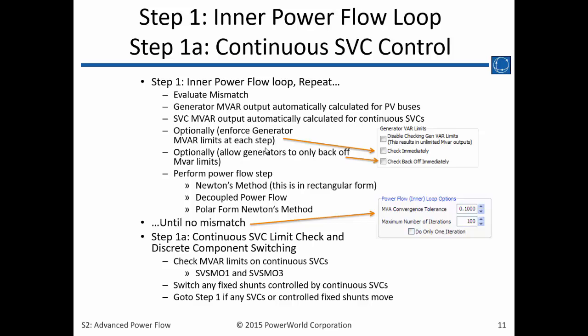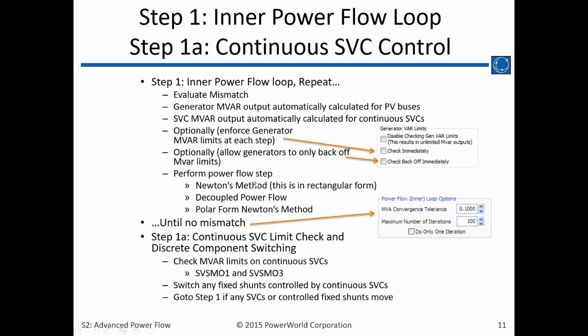That option, again, is not checked by default, but if you're having issues with it solving because the VARs are at limits and they shouldn't be, or it seems like they could be starting at something much less than that, go ahead and check that so that it can reduce them right off the bat, which might improve your ability to solve the power flow.